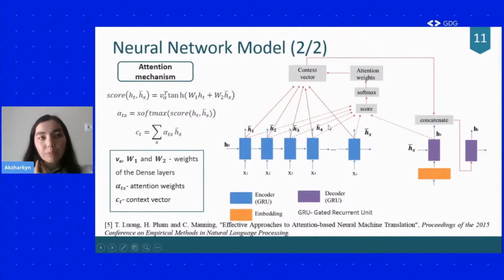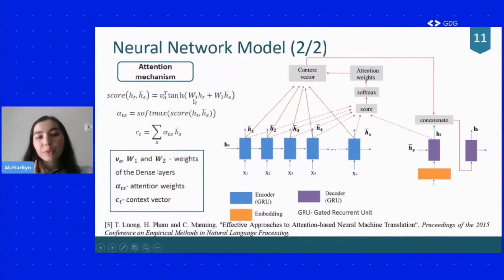And why is it called attention? Because it shows how much attention the network should pay to the encoder, to the input, in order to give the current output. So we have 40 frames, for example, and first we calculate the score. We use outputs of the encoder, like hidden states of the encoder, and the hidden state of the decoder at current time t.